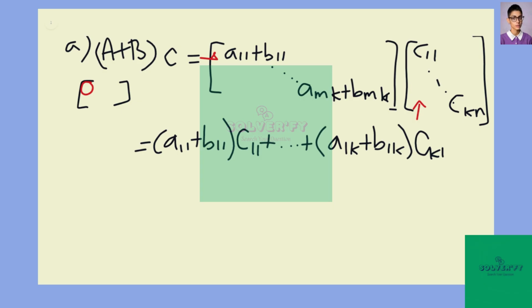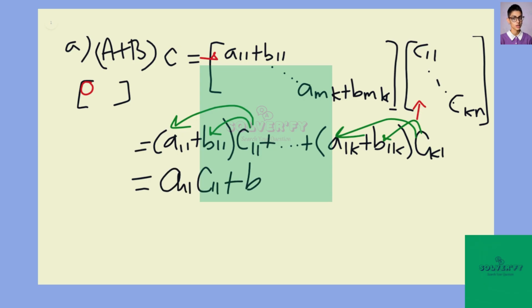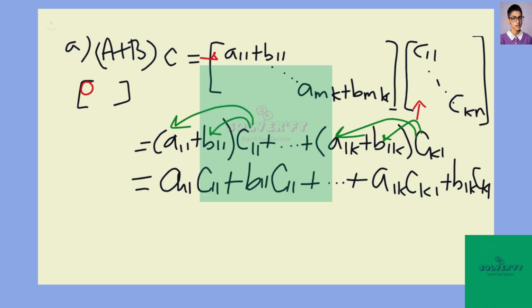But in this one element, this first row, first column element, we can use the distributive property, right? These are just regular old numbers, and we know that that works. So this is going to be equivalent to A11 C11 plus B11 C11 all the way down to A1K CK1 plus B1K CK1.